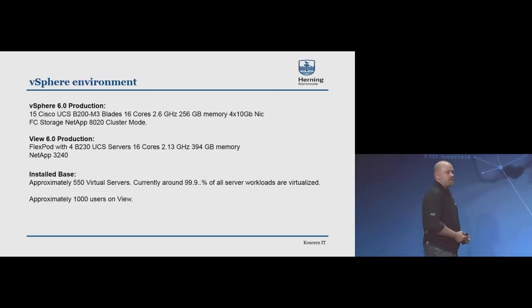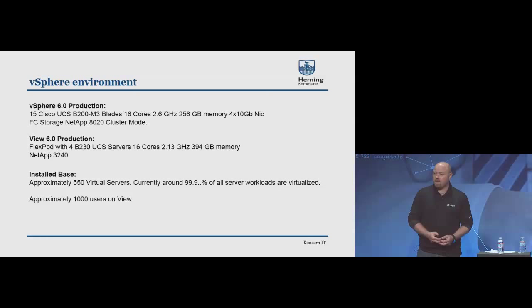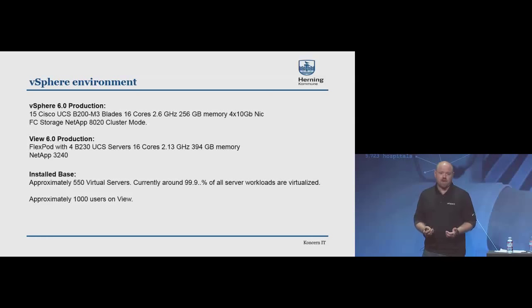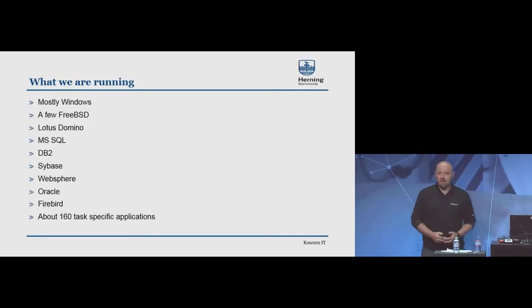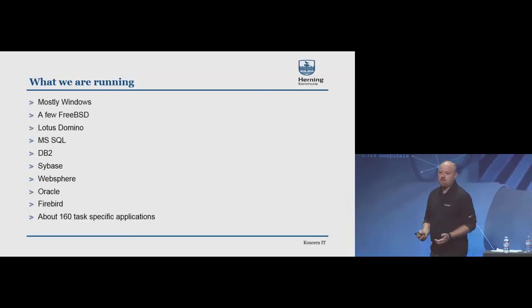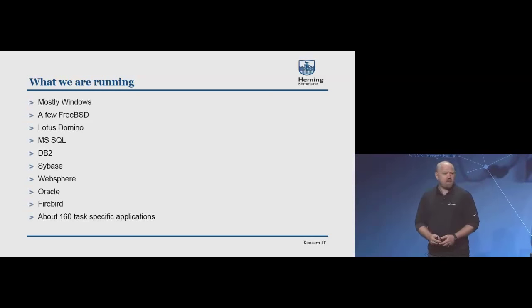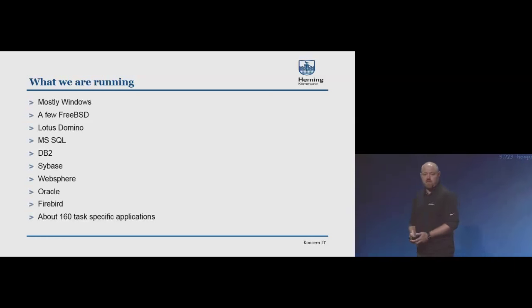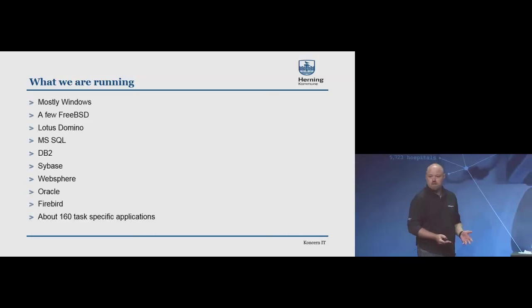And the last one is my backup server, which is being decommissioned right now as we move the backup to storage-based. We are mostly a Windows shop. Name a database, and we're probably running it somewhere. We have about 160 applications on the servers, and about 360 different applications in the entire environment. We handle everything from birth to the funeral.